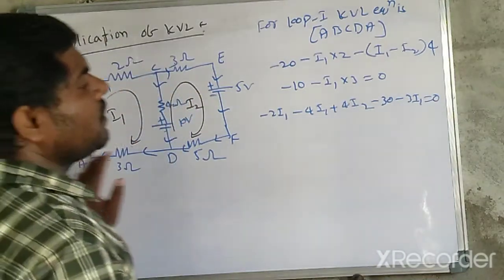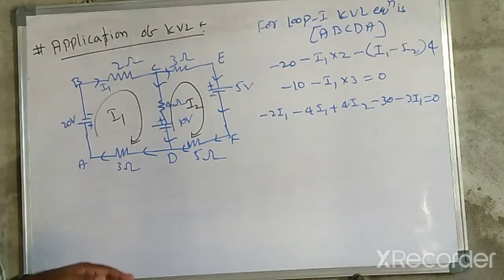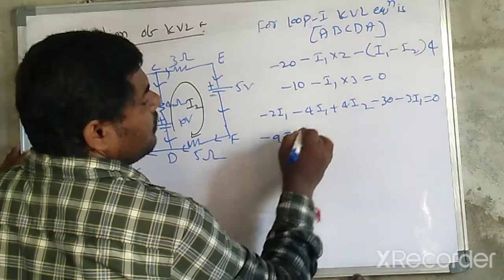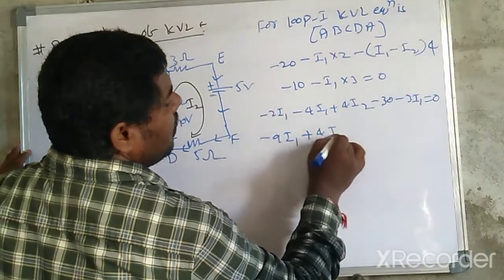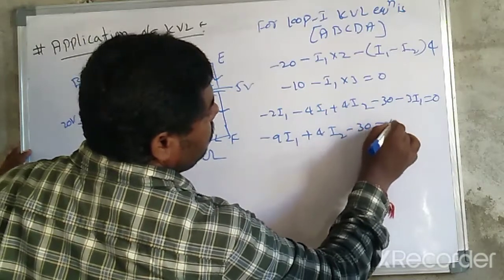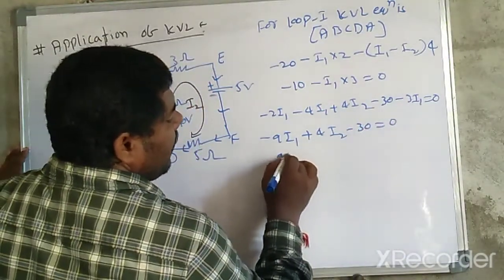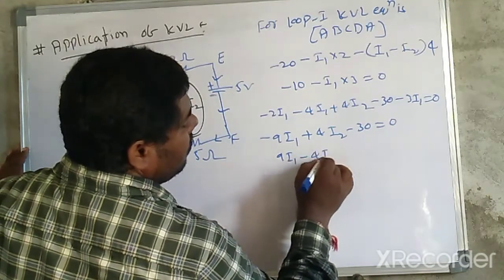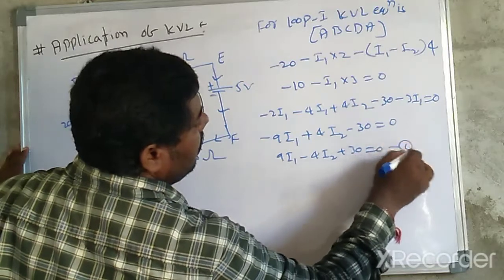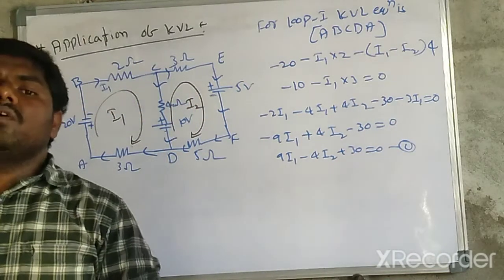So total minus 9 I1 plus 4 I2 minus 10 is equal to 0. That is, 9 I1 minus 4 I2 plus 10 is equal to 0. This is equation number 1.